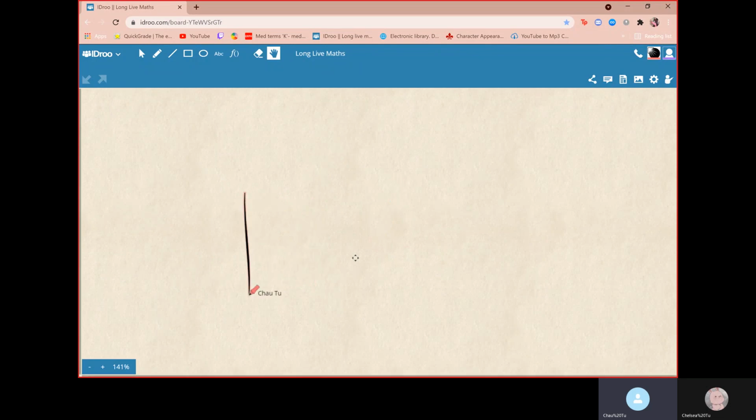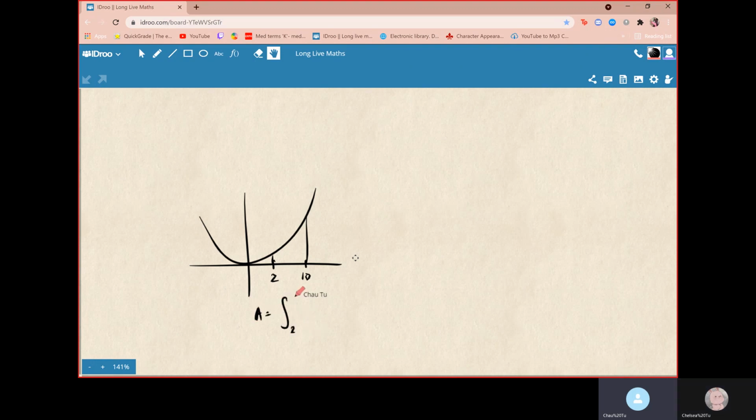So let's say you're trying to work out the area underneath x squared from 2 to 10. Okay, Chelsea? Don't worry about the symbols for the time being.